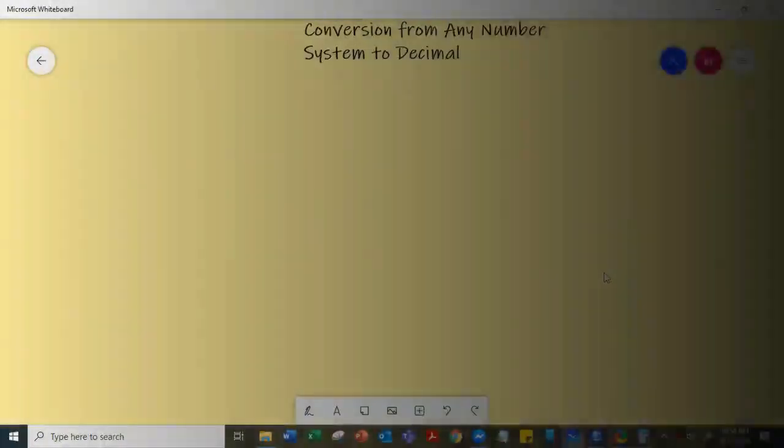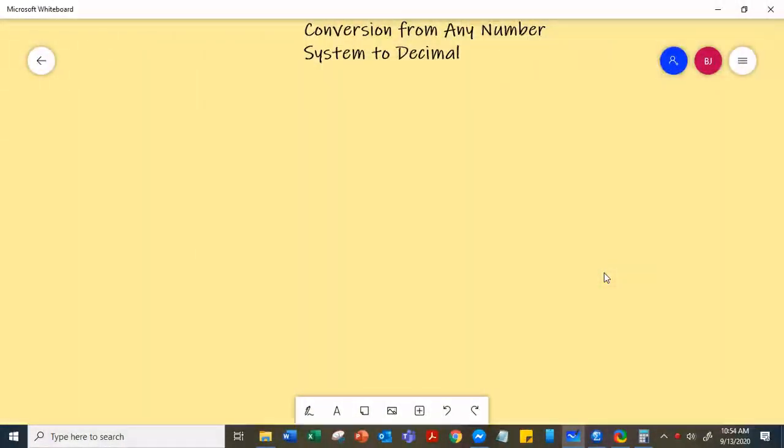Okay, so we will now go into the discussion in which we will be converting any number system into decimal. So we'll be using number systems aside from base 2, base 8, and base 16 to show you a general way of converting decimal to any number systems and vice versa.